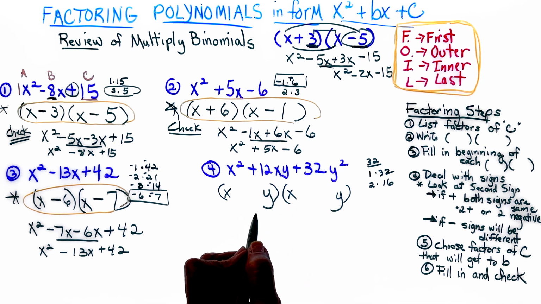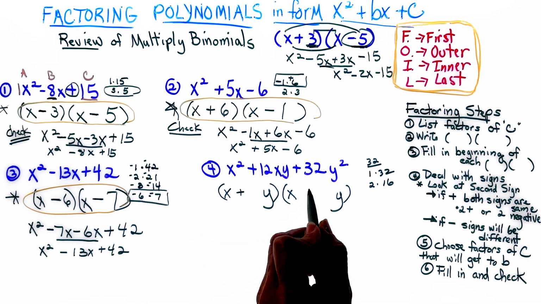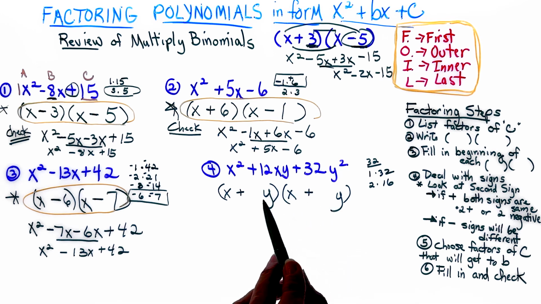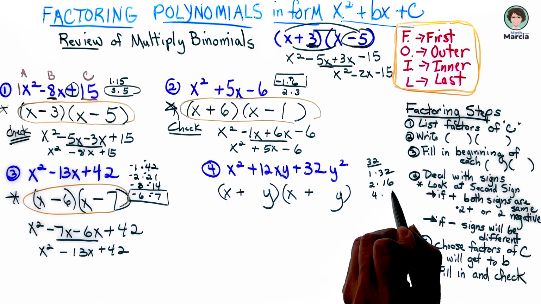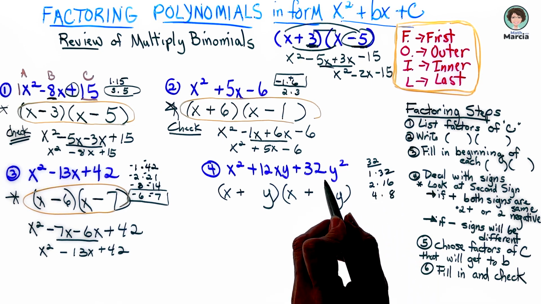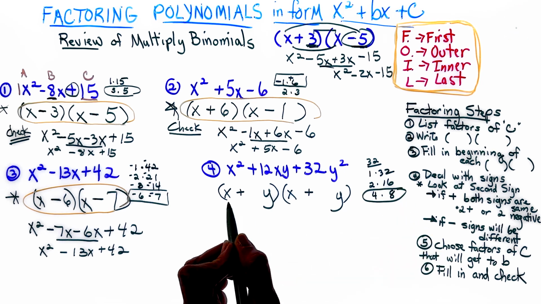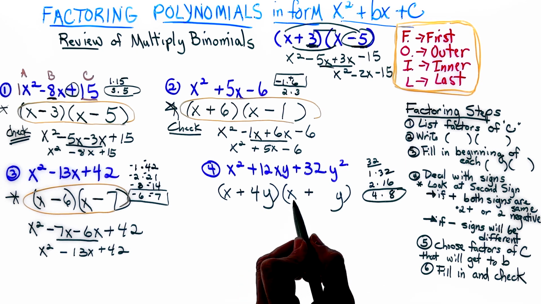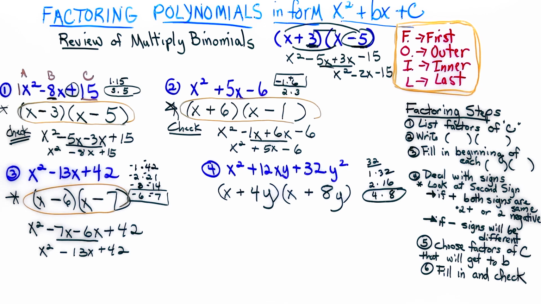So they have to add up to 12 for your middle term. And so I know, well, 4 times 8 is 32. So if I'm going to use this, I'm going to put x plus 4y times x plus 8y.